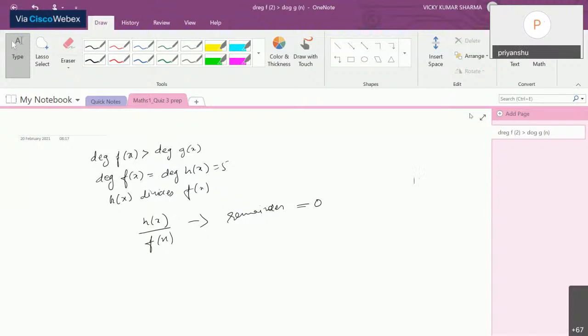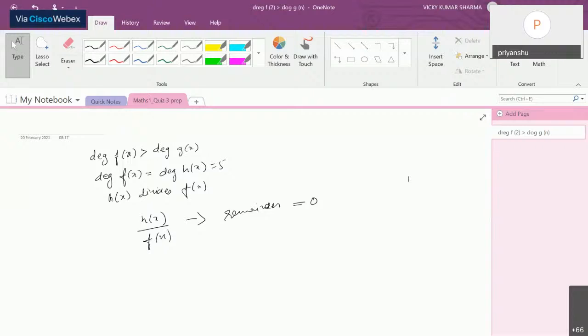So here, f of x plus g of x is divided by h of x.